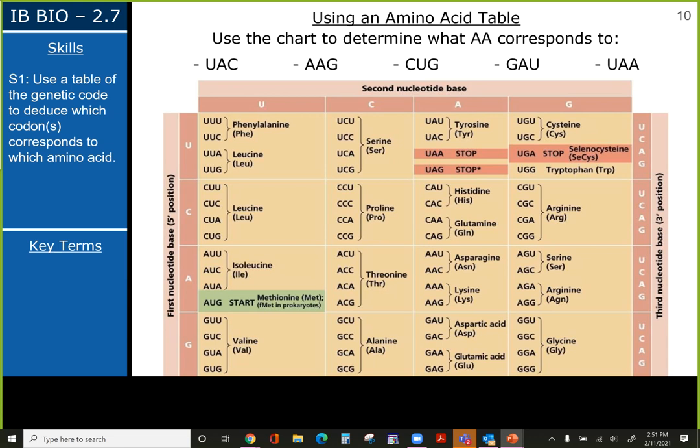All right, James says the first one is TYR. Actually, let me put it on the other side.